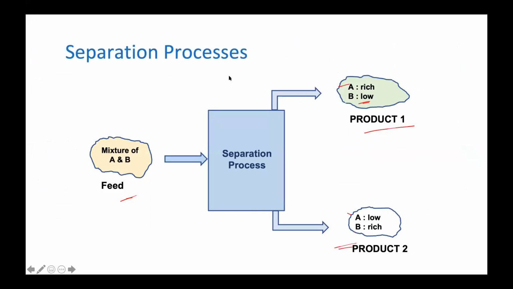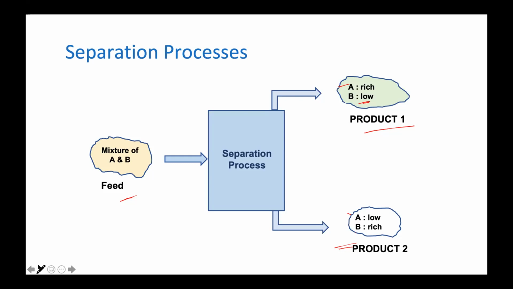So let's consider we have a mixture. In the previous slides, we understood that we're going to deal with a lot of mixtures, and we're going to deal with how we can separate them. So let's think about that.